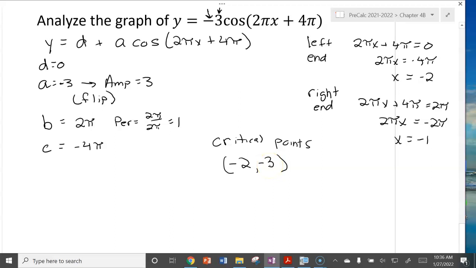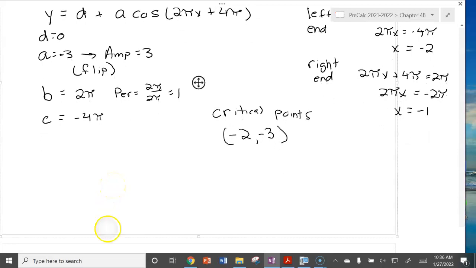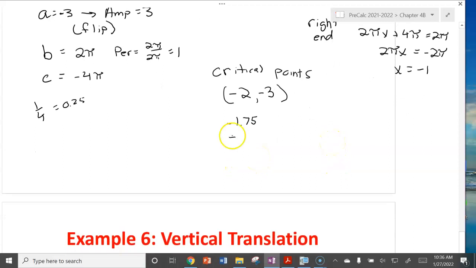My next critical point, remember, take your period and divide it by 4. So 1 over 4. That equals 0.25. So my next critical point is negative 1.75. The next one after that is negative 1.5, then negative 1.25, and then negative 1 is our last one.